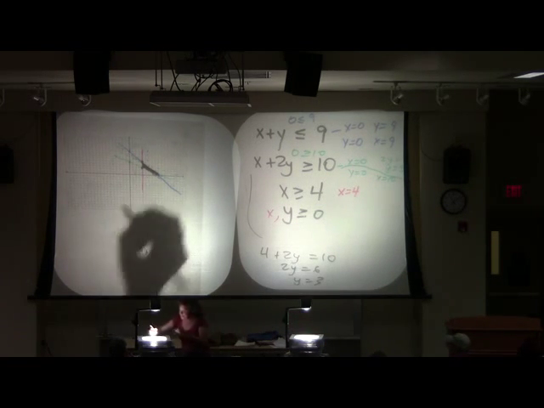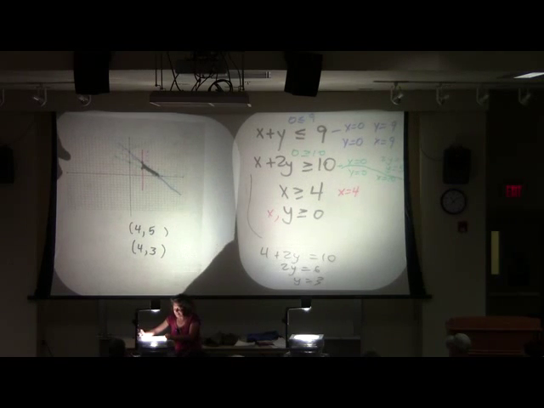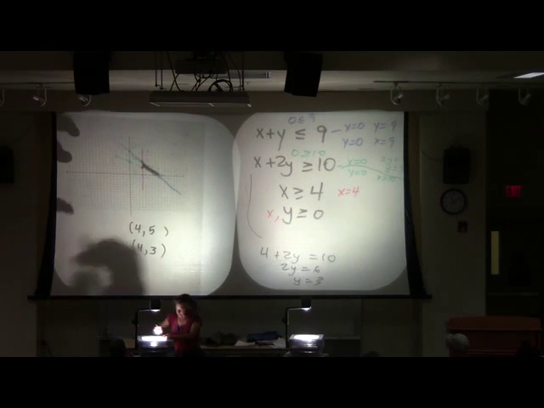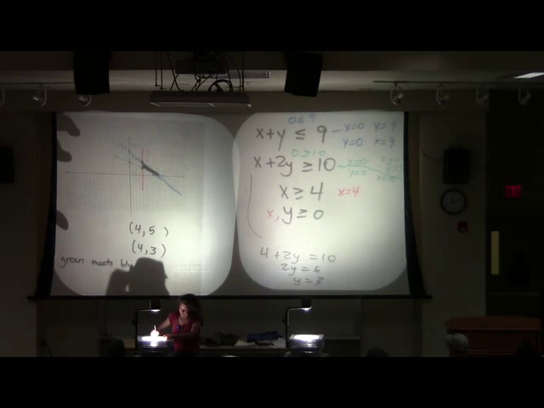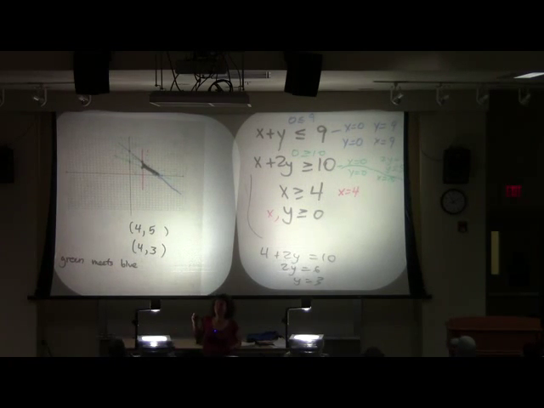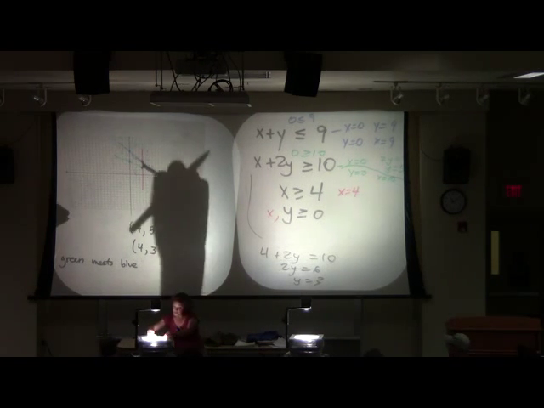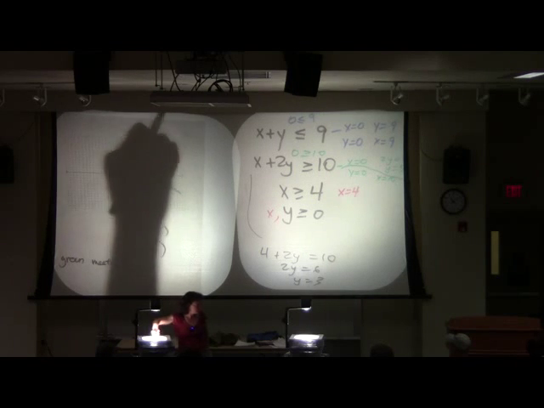Next, isn't this point here that looks like a total wreck where green meets blue? Sounds like we're playing Clue or something, right? You all agree it's where those two lines meet, okay?